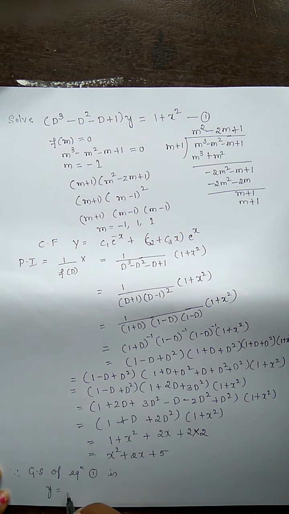So that is equal to c1 e power minus x plus c2 plus c3 x into e power x plus x square plus 2x plus 5, where c1, c2 and c3 are arbitrary constants.